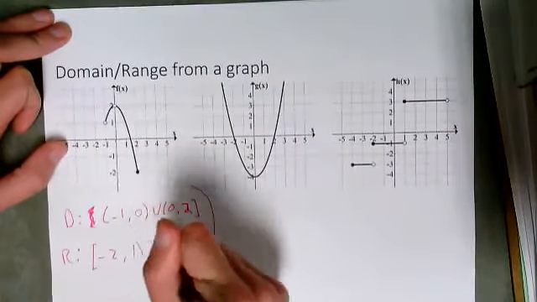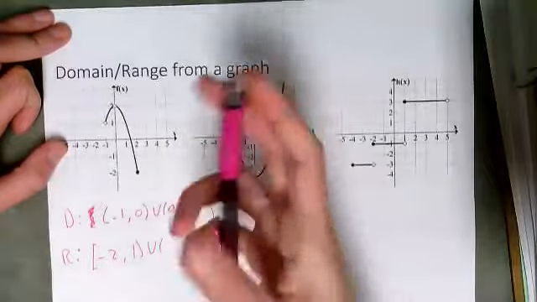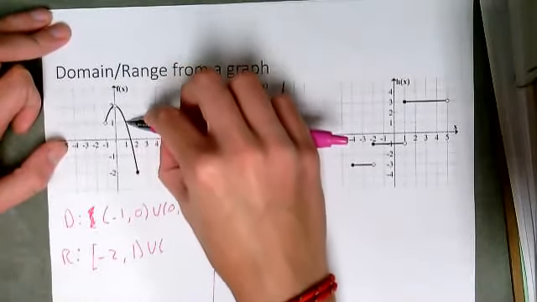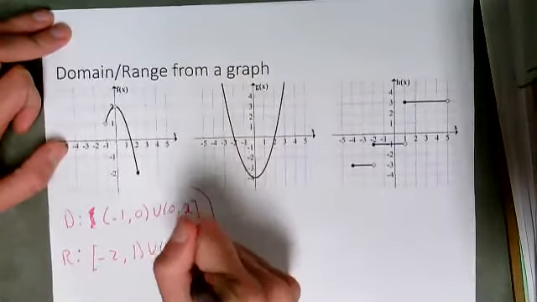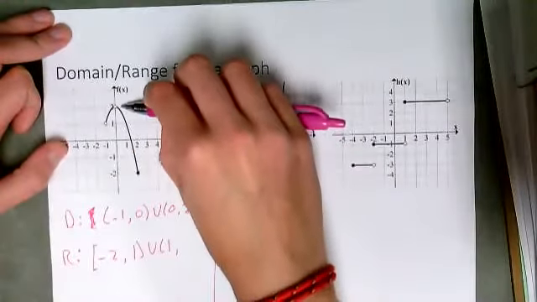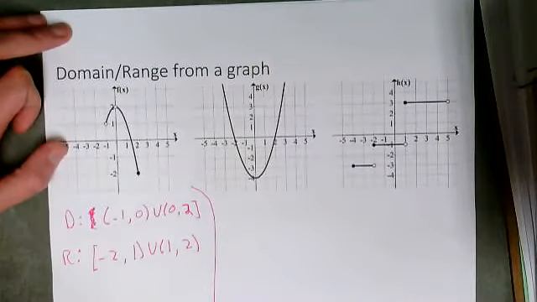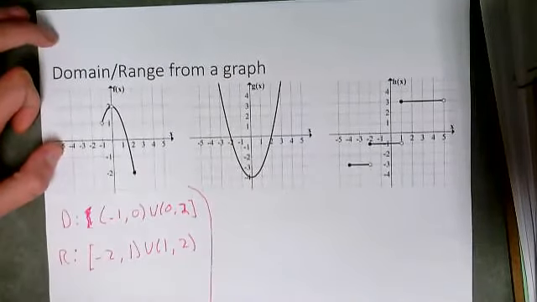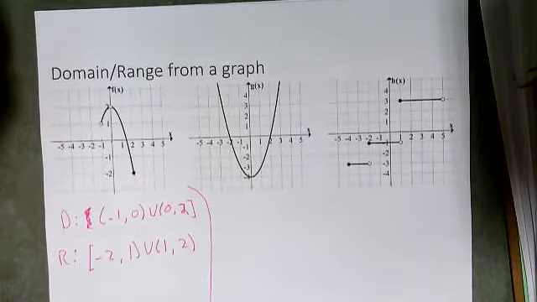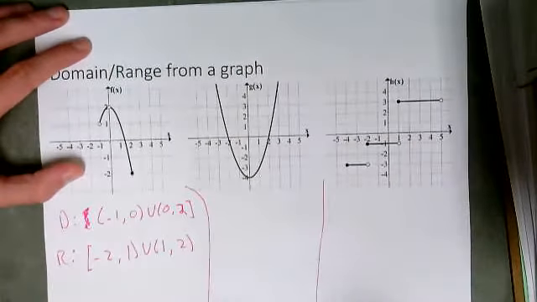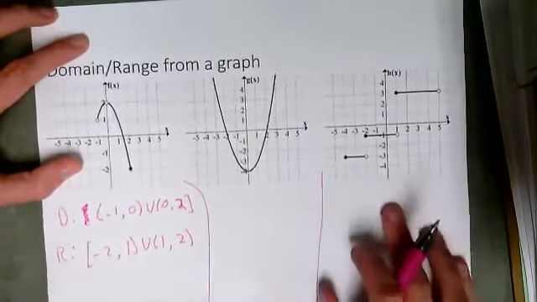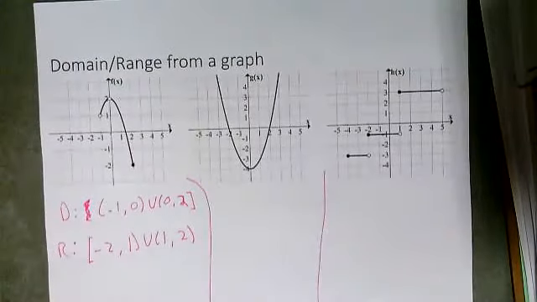So that's 1, union. But we still keep going, right? Because the highest point is at 2. So we have to exclude 1 and then go all the way up to 2. Excluding 2, because again, it's an open dot. Okay. That's our first one.